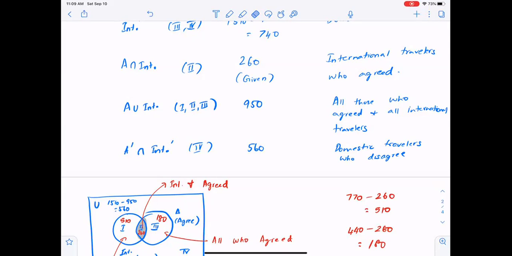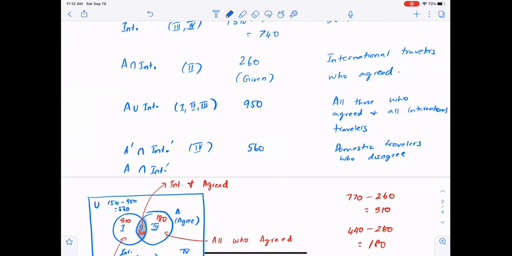And let's find A intersect international complement. So we want to find the region, the count, and the meaning.